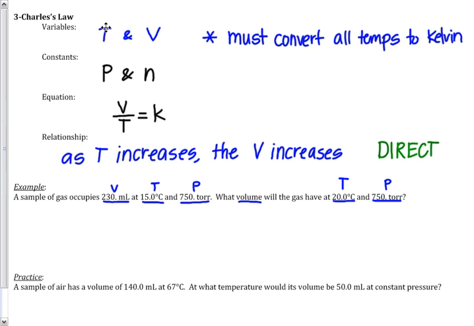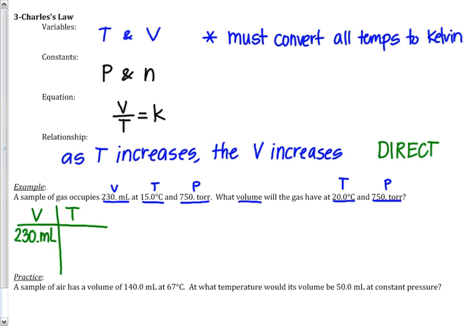Now, if you want to do this the same way we did our problems yesterday, with Boyle's law, you'd make a chart. Volume and temperature. The volume that was given first is the 230 milliliters. Now that occurs at a temperature of 15 degrees Celsius, but it's not okay to use Celsius temperatures in our problem. We have to convert that to Kelvin.